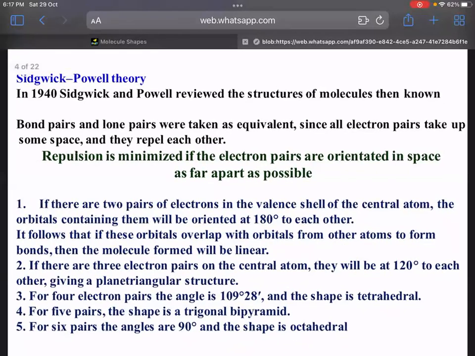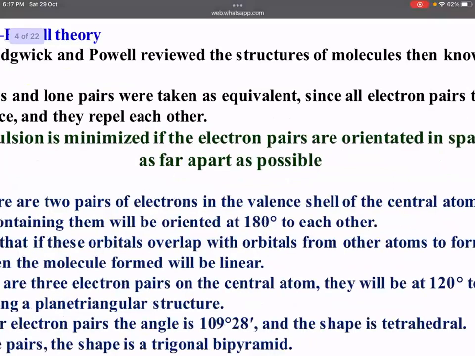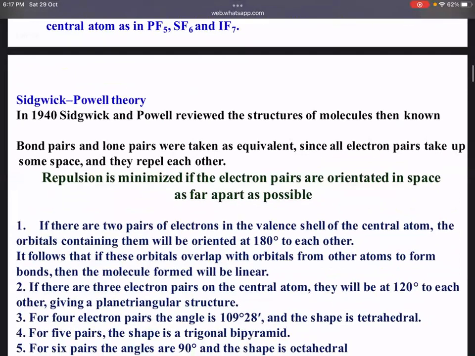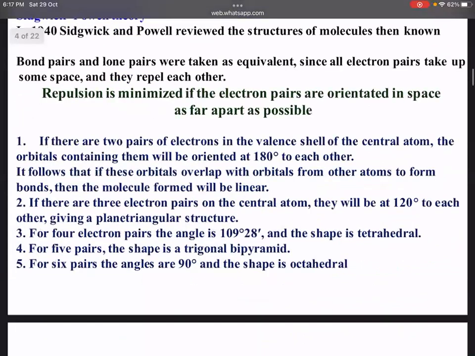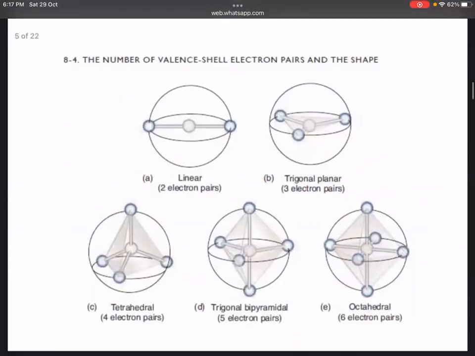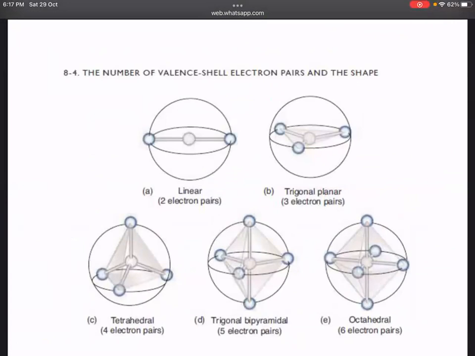Okay, so here, the repulsion is minimum if electron pairs are oriented as far apart as possible. That is the main criteria. Look here, when two electron pairs are present, this is the central atom. The two, whatever they have drawn here, this will become equatorial, and this will become axial.